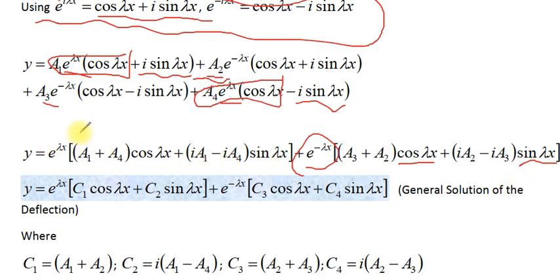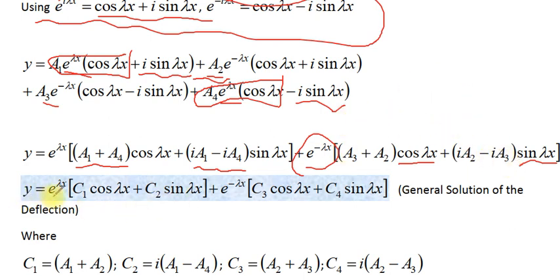We can write this in another form using new constants c1, c2, c3, c4, where c1 equals a1 plus a4, c2 equals i a1 minus i a4, c3 equals a3 plus a2, and c4 equals i a2 minus i a3.